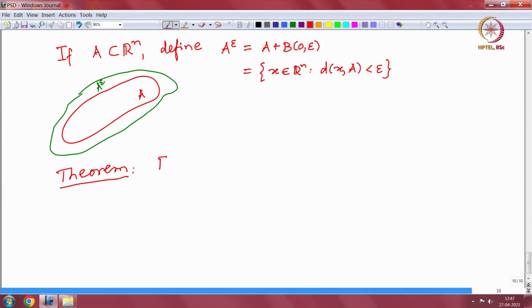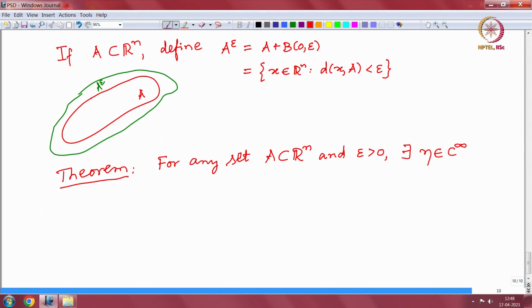For any set A in Rn, and epsilon greater than 0, these are the prescribed quantities, there exists eta which is a C infinity function with compact support.